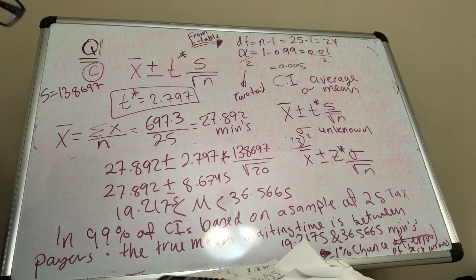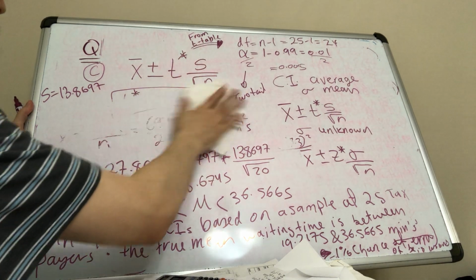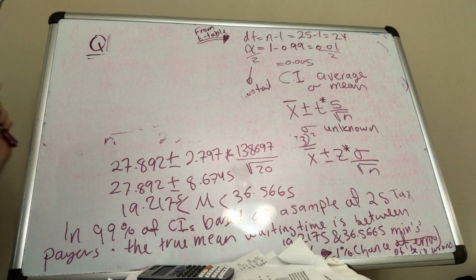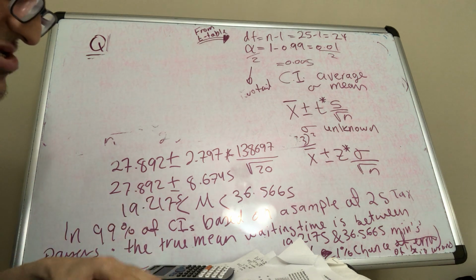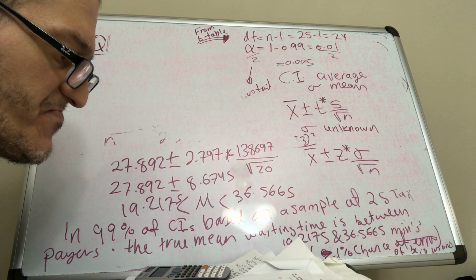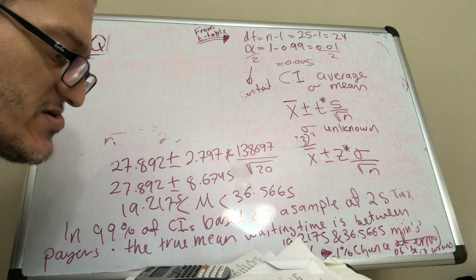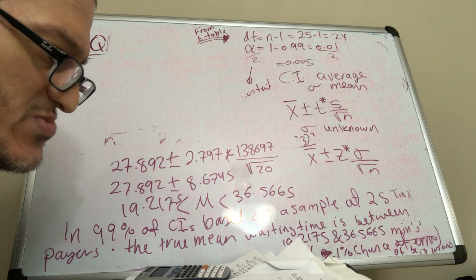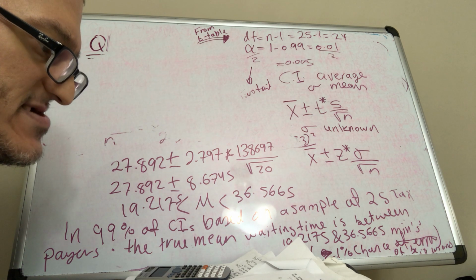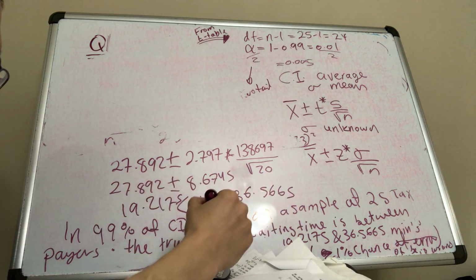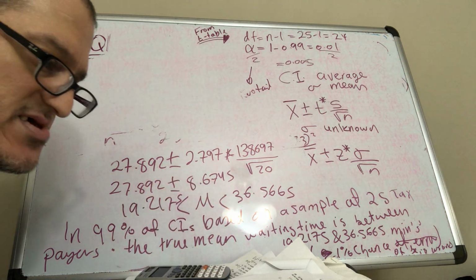Let me erase some of this. So we did the confidence interval, and we know it's between 19 and 36 minutes. And the next question, the CRA wants to tell taxpayers that the average time is 25 during the last week of April. Can this statement be made and why? Could the average time be 25? Is 25 within the confidence interval?